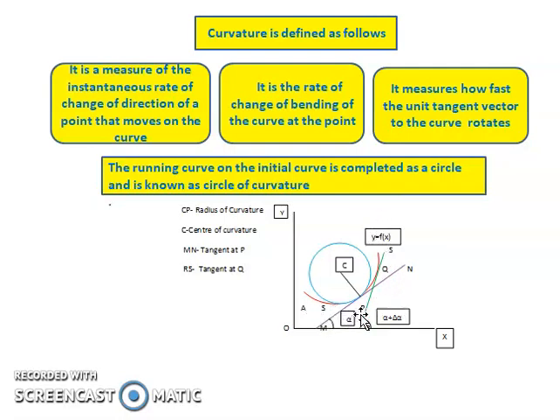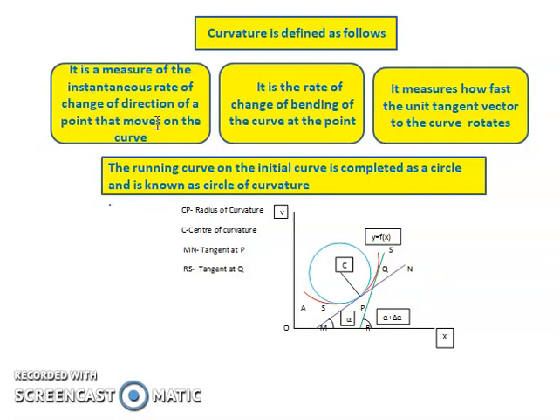As the point moves along this curve, the curve is going to bend more and more, and finally it almost ends up with a circle. This circle is called the circle of curvature, and this process of bending of a curve is called curvature.